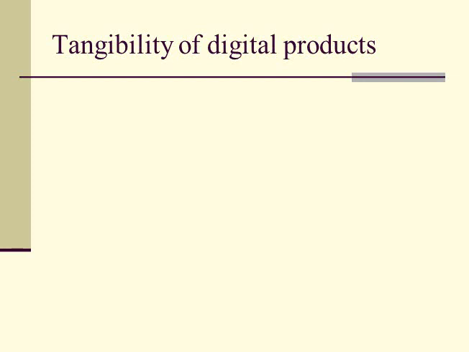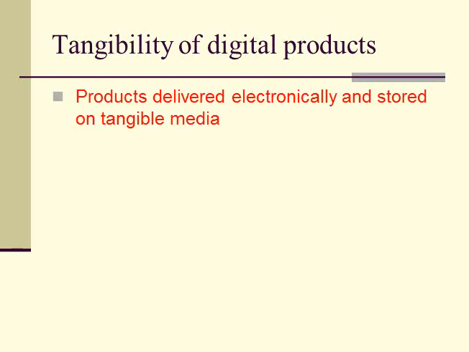In the context of electronic commerce, difficulty in identifying tangible personal property usually arises only with digital products. Digital products are products that can be delivered electronically and then stored by the buyer on tangible media. Tangible media can include, for example, a computer, an iPod, an iPhone, or a disk.